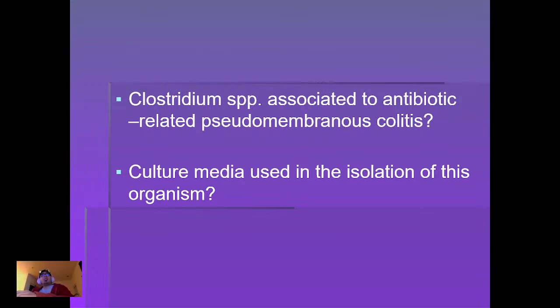Right now, we don't culture Clostridium difficile anymore because we have ELISA techniques or chromatography techniques to detect it. We can also use Clostridium difficile DNA using PCR to detect this. But in the olden times, they used CCFA medium, which is cycloserine, cefoxitin, fructose agar. And from the name itself, it is an organism that ferments fructose.